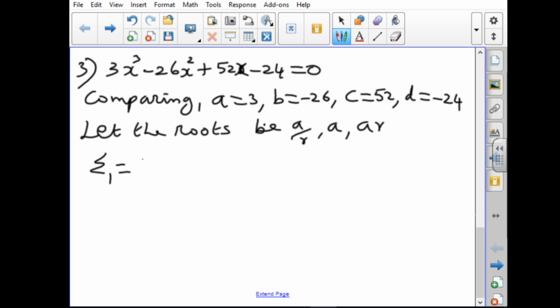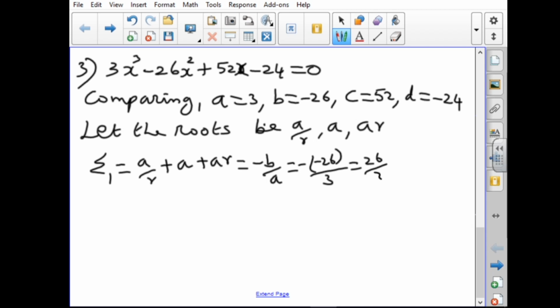Sigma 1 is equal to a by r plus a plus ar, which is equal to minus b by a. So it is equal to minus of minus 26 by 3, which is equal to 26 by 3. So what do you have here?